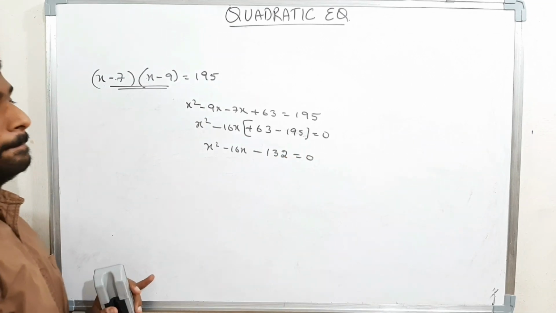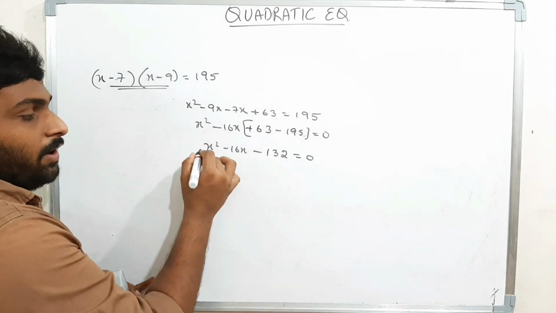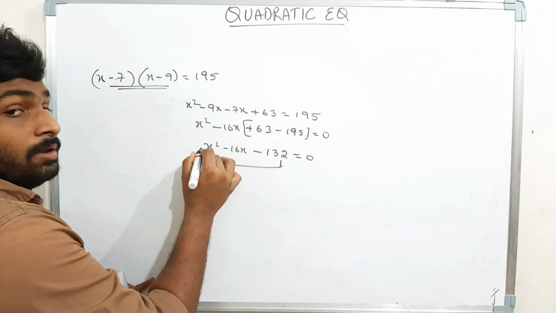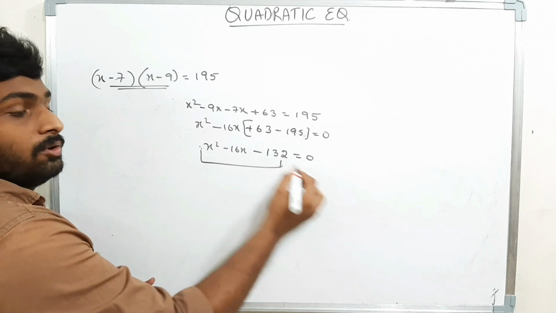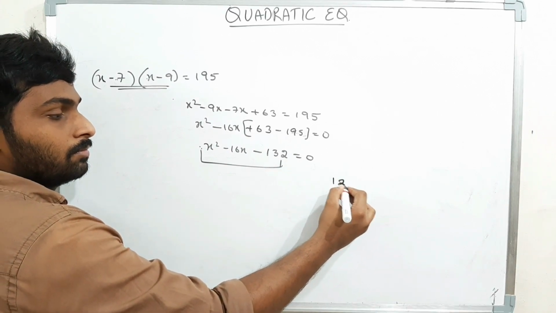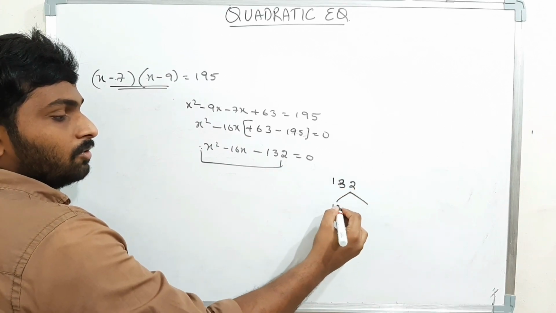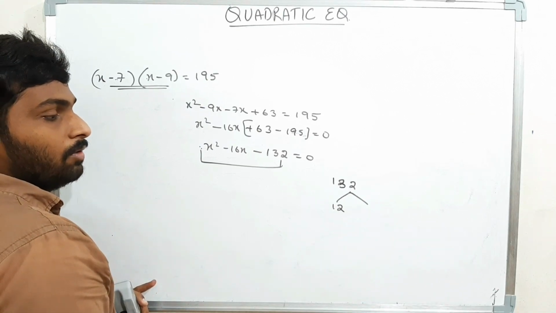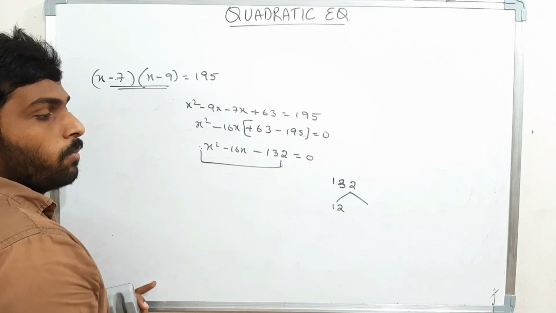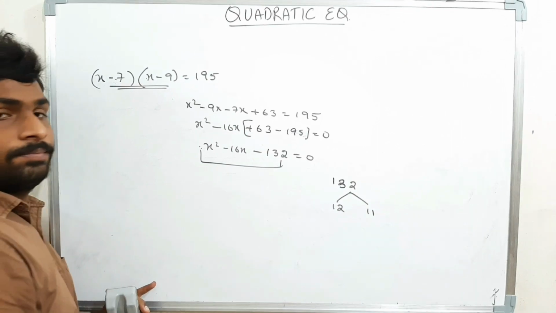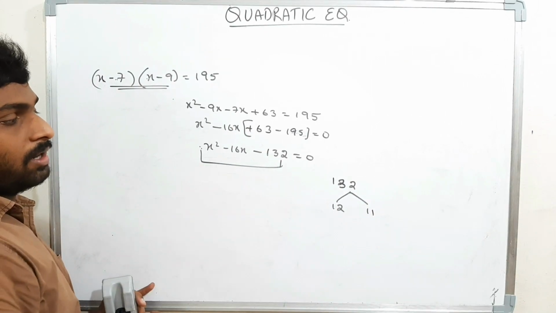Therefore, what will you get? Factorize. a into c, that is 1 into 132 is 132. You can write this as 12 into 11.